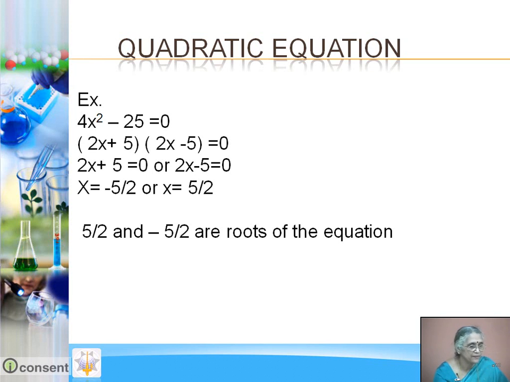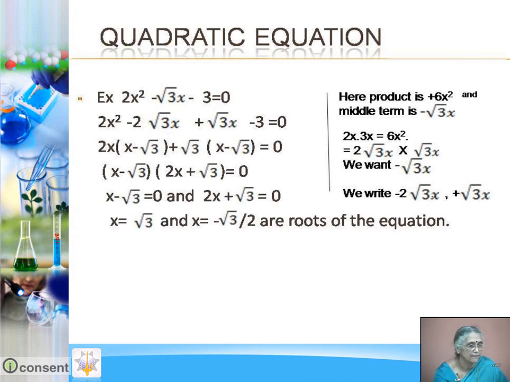So twice x plus 5 into twice x minus 5 is equal to 0. So twice x plus 5 is 0 or twice x minus 5 is 0. Therefore x is equal to minus 5 by 2 or x is equal to 5 by 2. So the roots of equation are 5 by 2 and minus 5 upon 2.